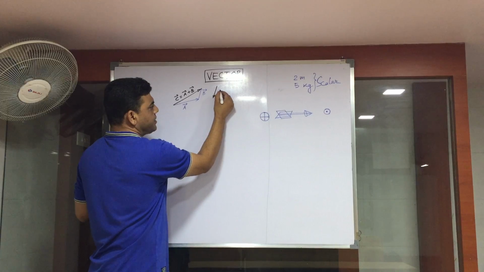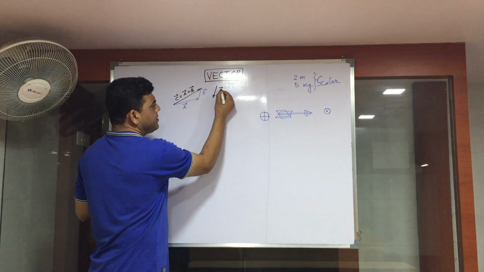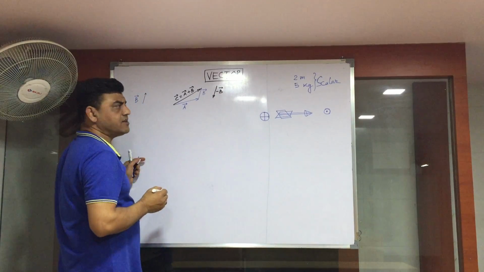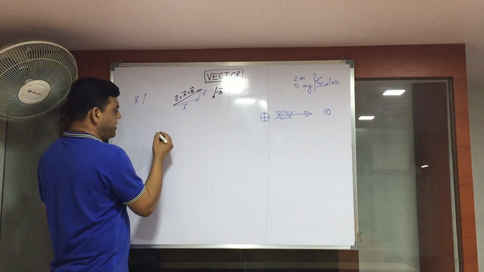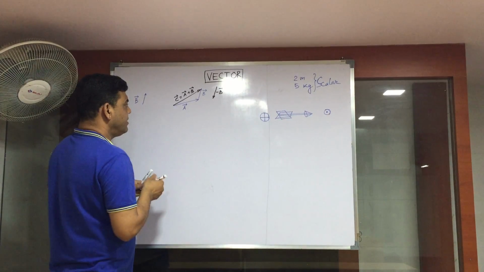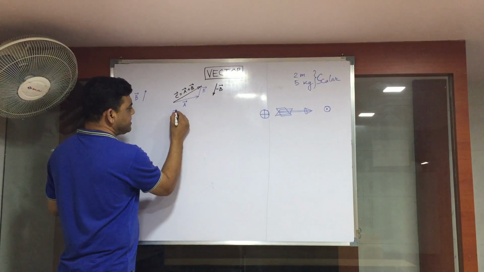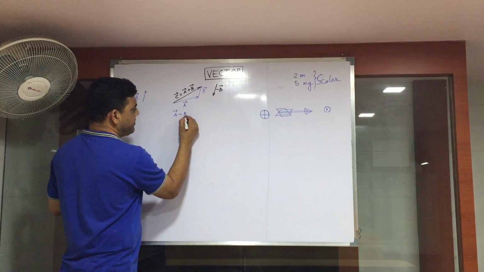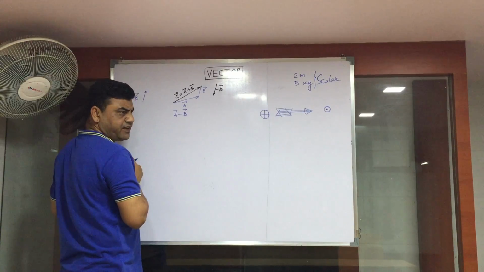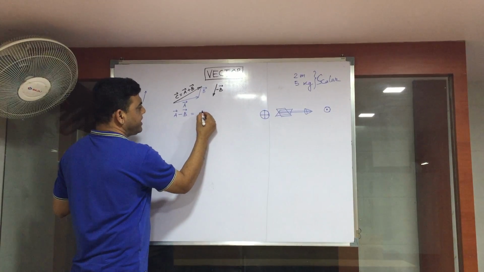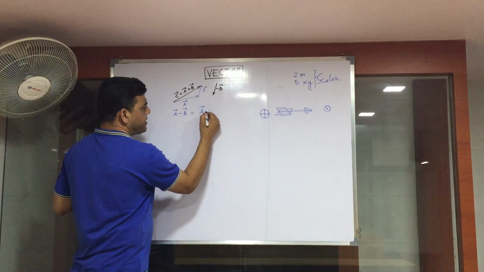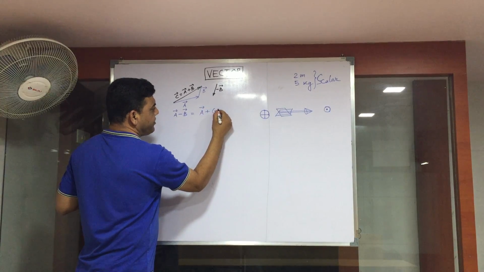So this is our negative B vector. Now if we want to add vector A and negative B, we can either say that this is subtraction of two vectors, vector B subtracted from vector A, or we can also write this as addition of vector A with the negative of vector B.